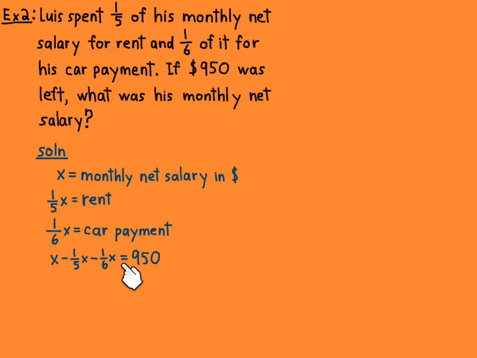So now I need to combine these three terms with the common denominator. This is 2 times 3, so it's going to be 2 times 3 times 5. In other words, it's going to be 30. So I need to multiply this by 30 over 30, 6 over 6, 5 over 5.